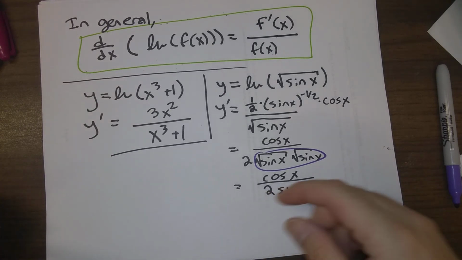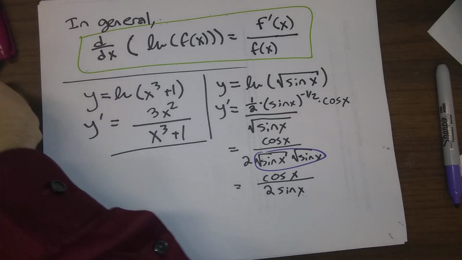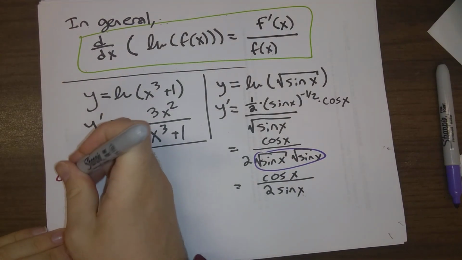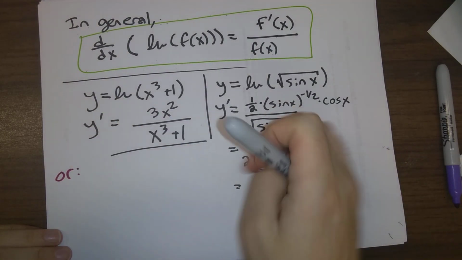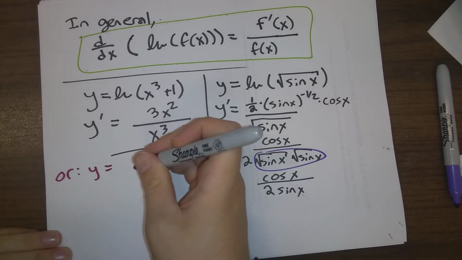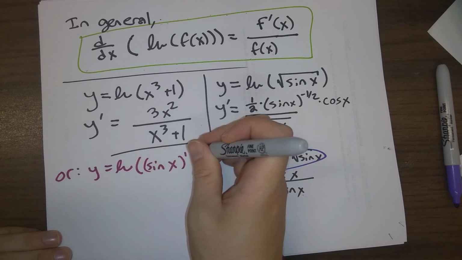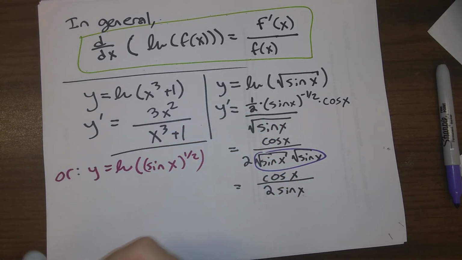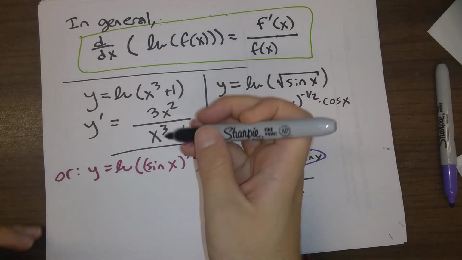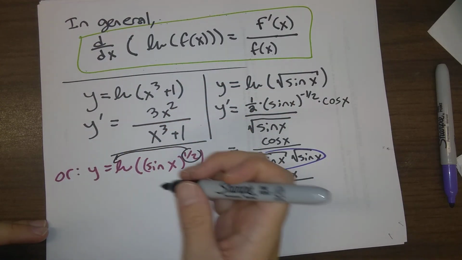I'll observe that you could have done this in a different way if you had noticed that if y is equal to log of sine x to the 1/2 power, by log rules, we can pull that 1/2 down in front.